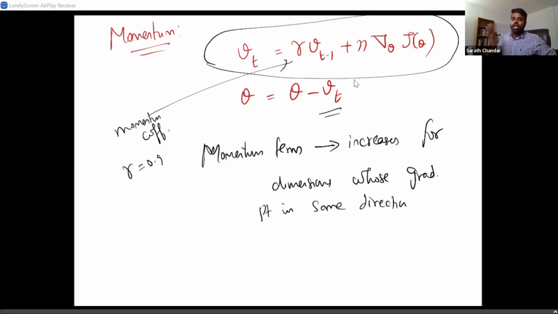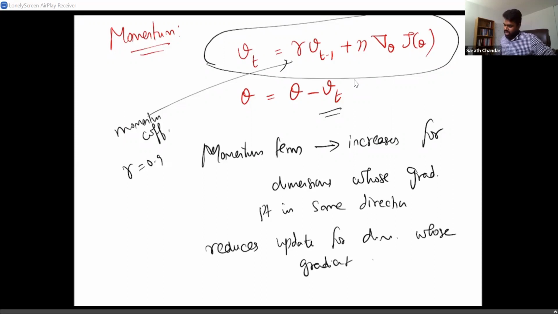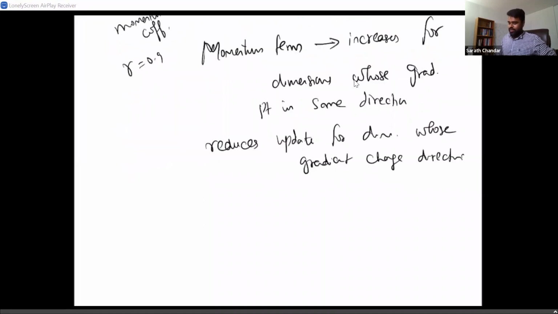Similarly, if there's a lot of plus and minus, then this whole integration is going to cancel out, right? So it also reduces updates for dimensions whose gradients change direction. In other words, this helps with faster convergence and reduced oscillation.